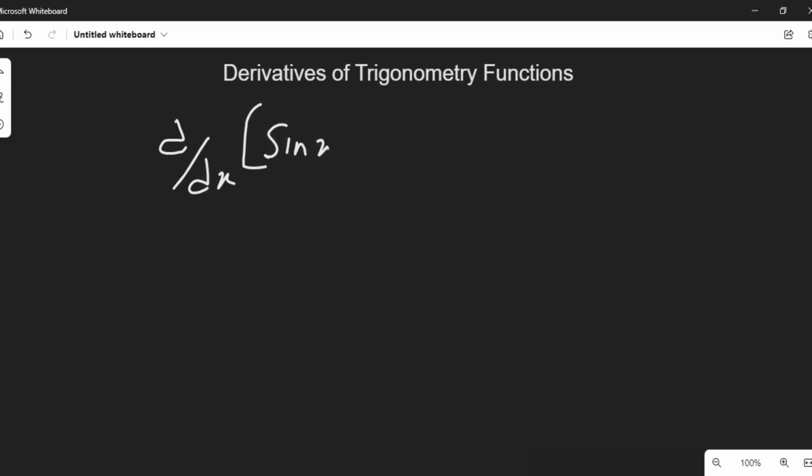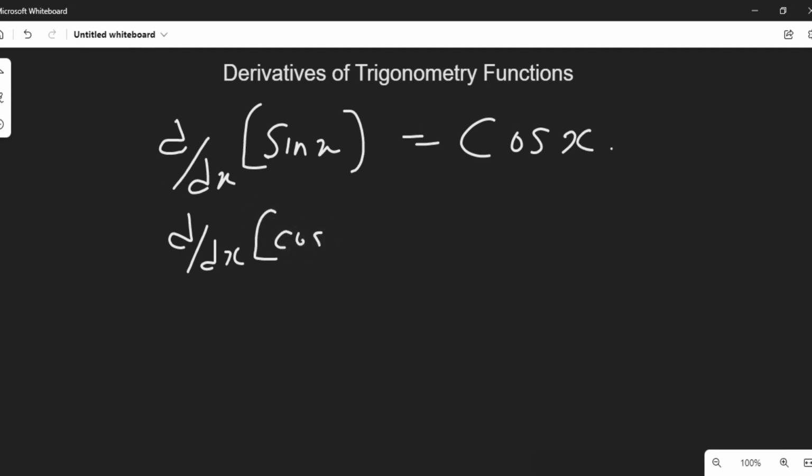The derivative of sine x will give us cos of x. We'll look at the derivative of cos of x. That will be equal to negative sine of x.